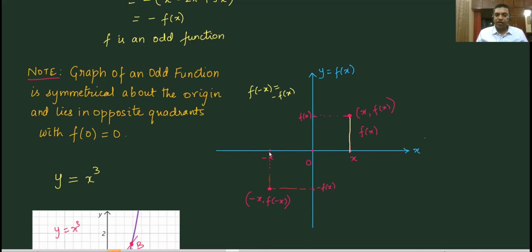So this length will be equal to this length, but in the negative direction. It will lie in the opposite quadrant. If f of minus x is positive, then f of x will be negative, because f of minus x is equal to minus of f of x. So if the point lies in the first quadrant, then a symmetric point will lie in the third quadrant.